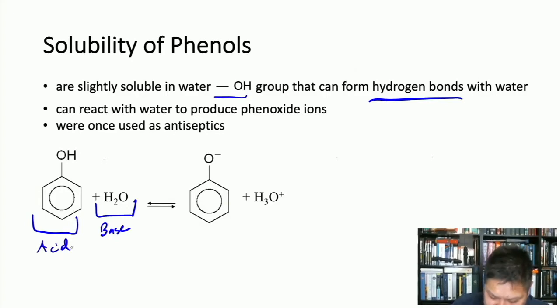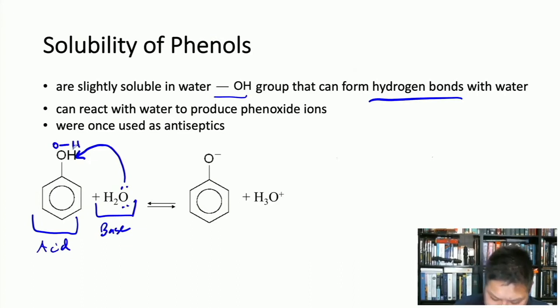The 2 lone pairs on the water will come take this proton, or this hydrogen, from the oxygen. I'm going to expand this out so you can actually see the bond here. This is what it actually looks like in there. The bond is just missing.